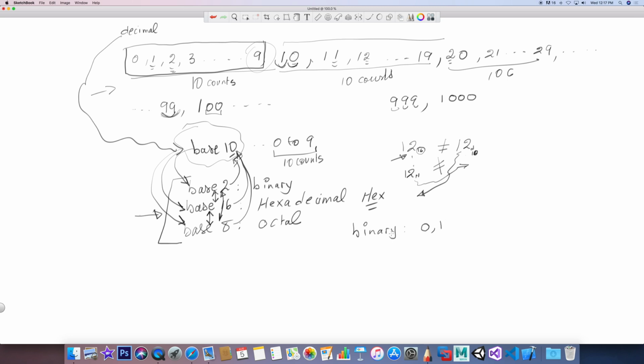Now binary is base 2, so the count is 2. Have we reached the count? Yes, we have a count of 2. So what's the next rule? You need to add another digit. And how do you do that? You're going to have to reset, and just like we did here, reset and add a digit.